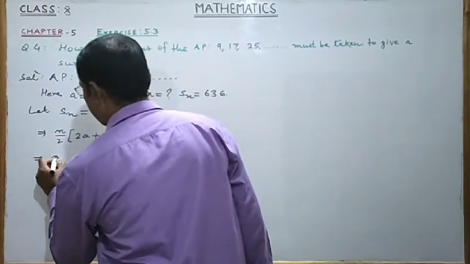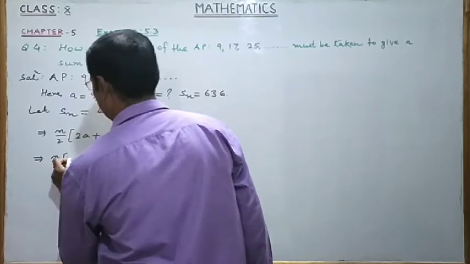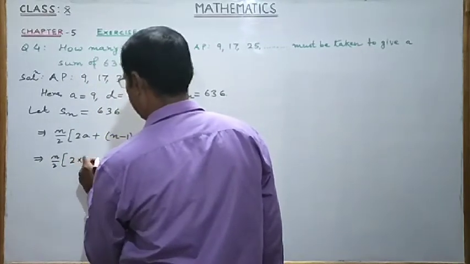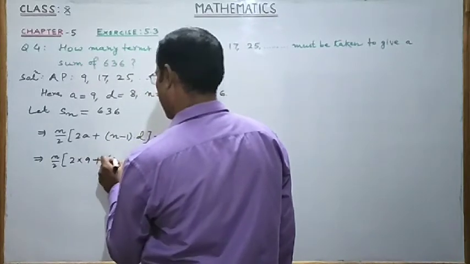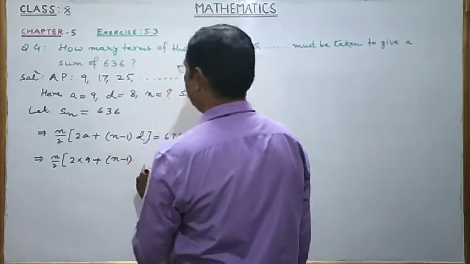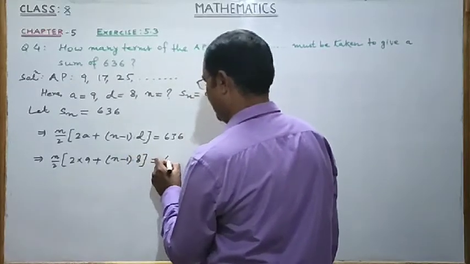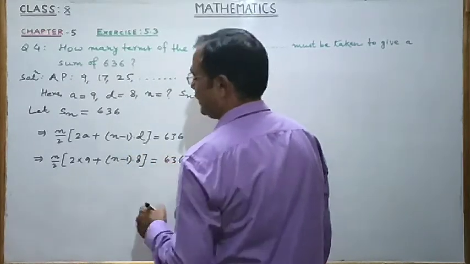So it is n by 2 into 2 into 9 plus n minus 1 into d, 8, equal to 636.